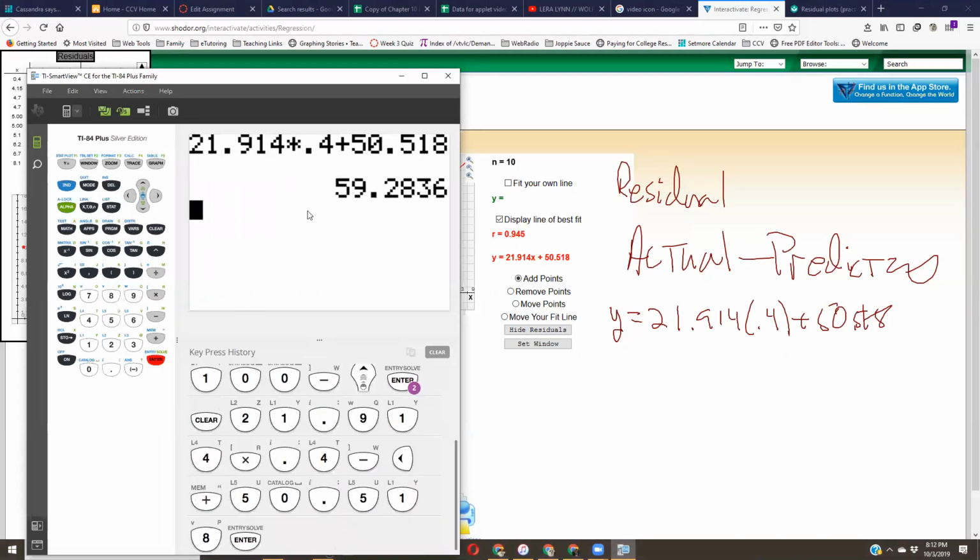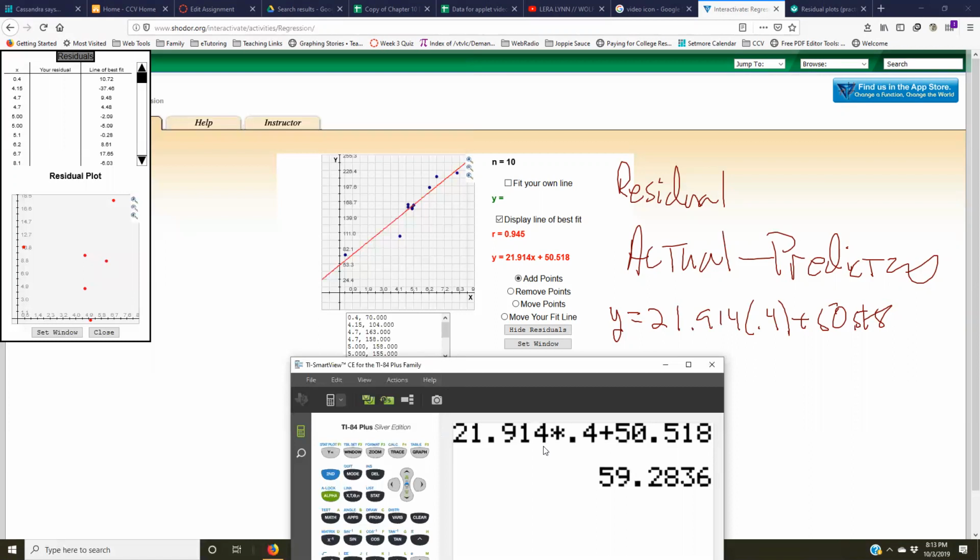So that's my predicted value. Boy, that seems high. Okay, I guess that's what we're getting. So 59 calories, that's a predicted 59 calories.